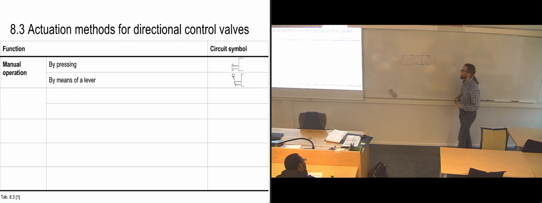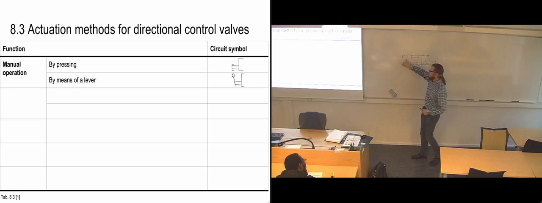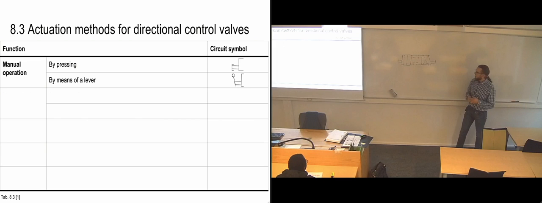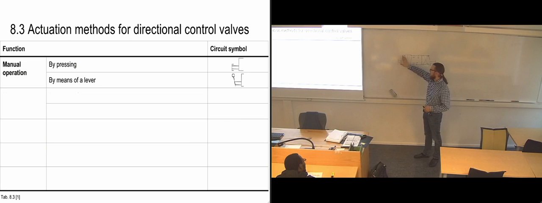Because if you want to activate this switching position, you're going to have to push the button on this side. And if you want this switching position, you're going to have to activate the push button on that side. So usually when you have just a single push button, it's usually just 2 switching positions that you have. So it will either be closed or having flow, or that you are changing between 2 ways of flow in it.